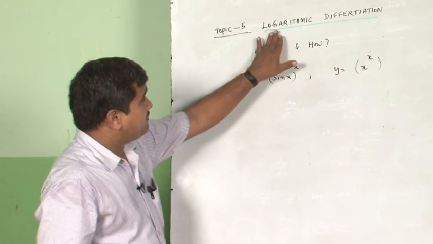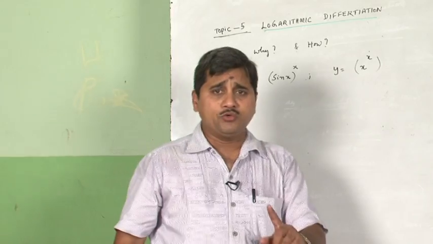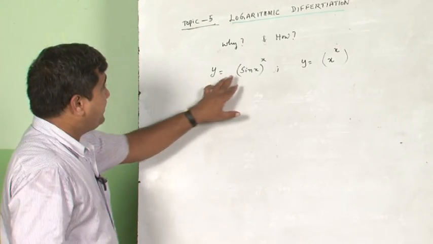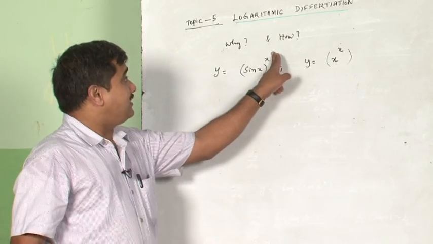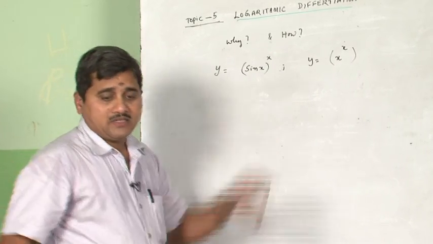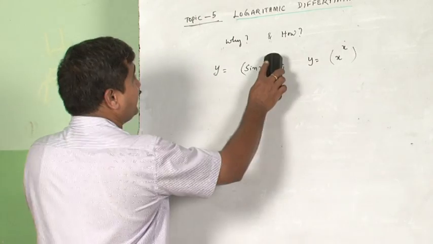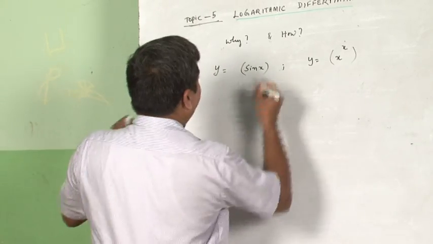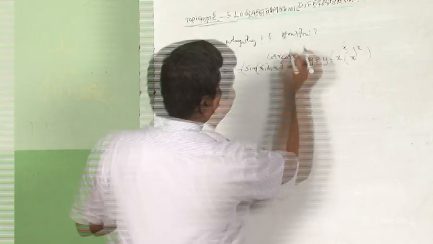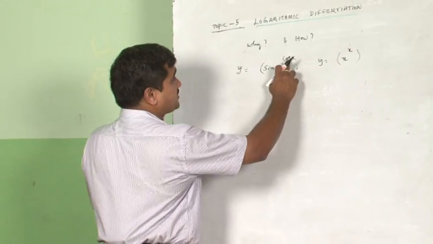Logarithmic differentiation is mainly used when the function that is to be differentiated has another function in its exponent. See, here I have already taken sin x. Instead of x, say for example, I take cos x, because the function is on the top.